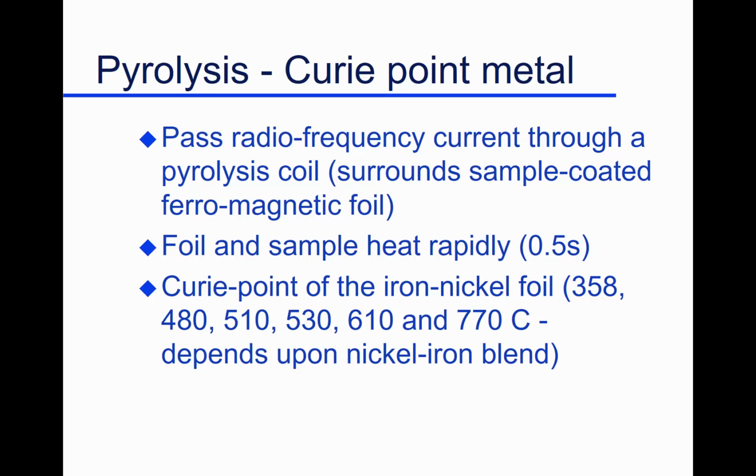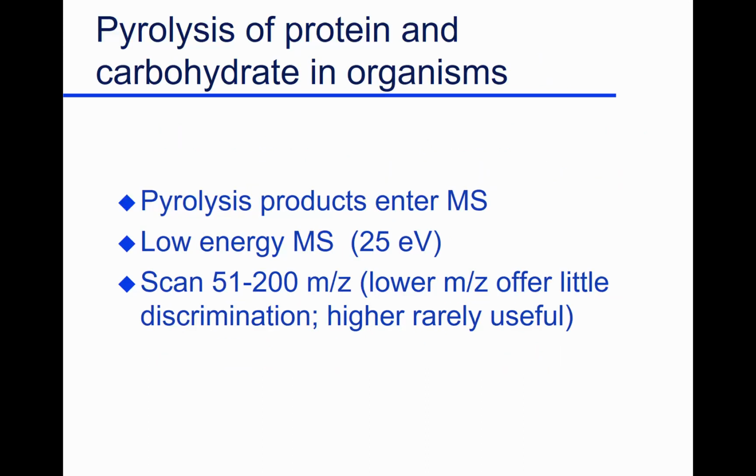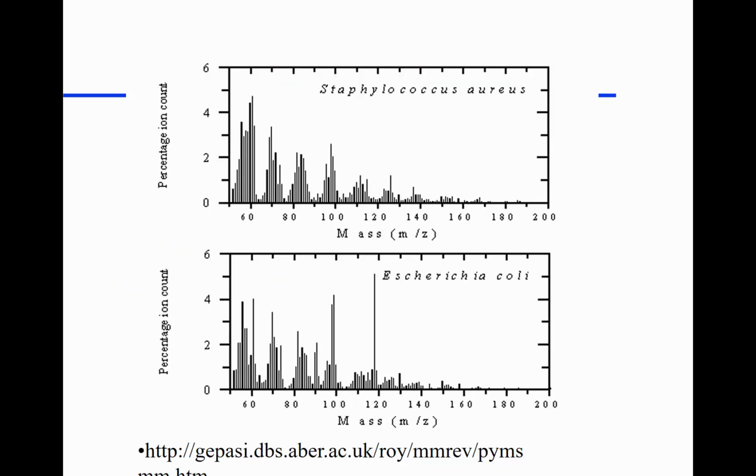That vessel heats to something like anywhere from 358 to 770 degrees centigrade in 0.5 seconds. That's not too bad. It's pretty rapid heating. And that, of course, decomposes the sample, and then the sample ends up going into a mass spectrometer. And so you can then look at the fragments in the mass spectrometer and you can identify the microorganisms.